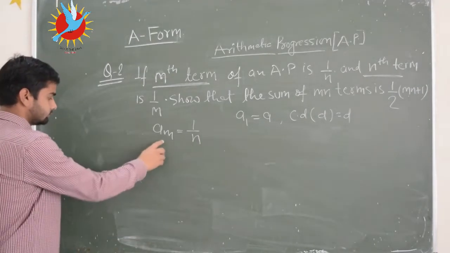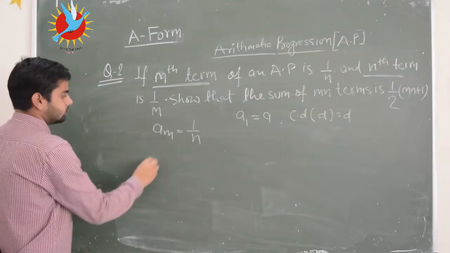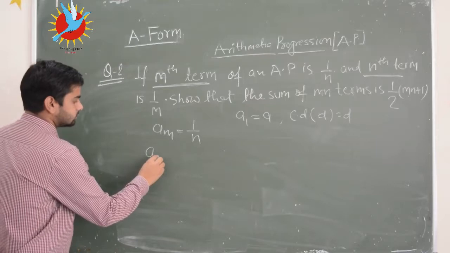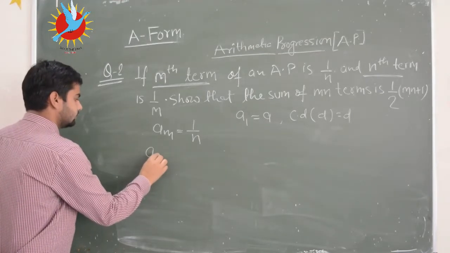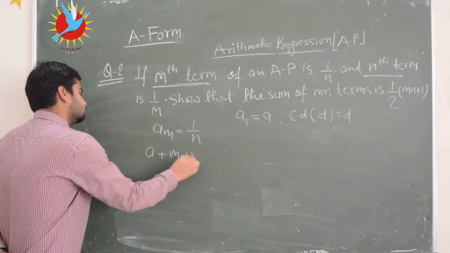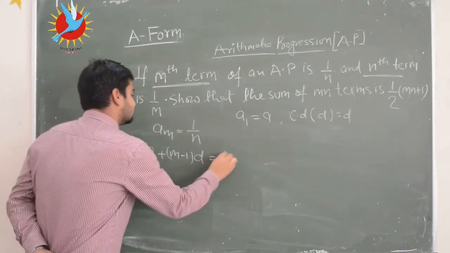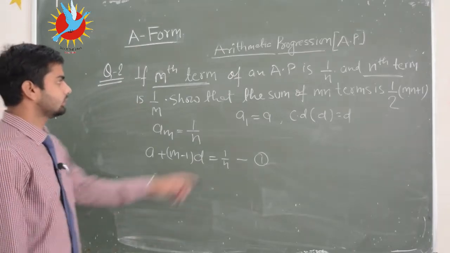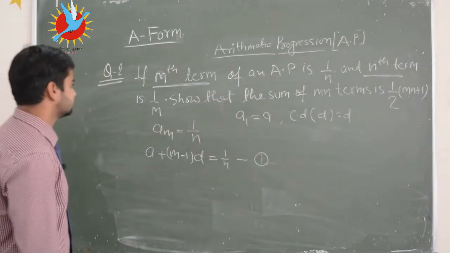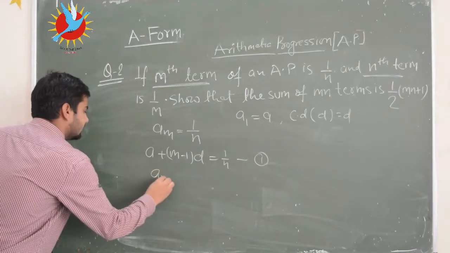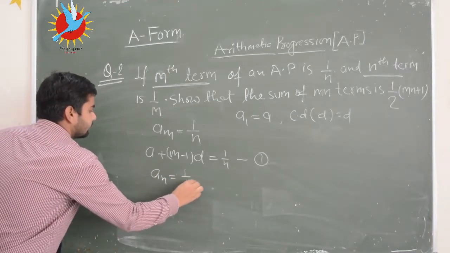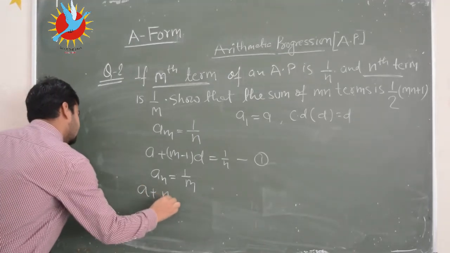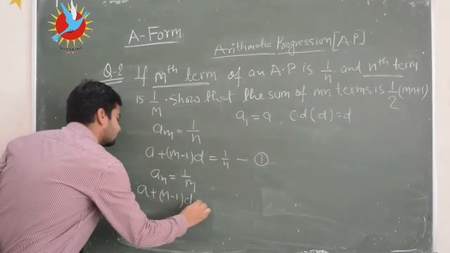So we can use the general formula of an AP for calculating any term: am equals a plus (m minus 1) into d, equal to 1 by n. Suppose this is equation 1. We have one more condition: the nth term of this sequence is 1 by m, that is an equal to 1 by m. We can write the general formula of an, that is a plus (n minus 1) into d equal to 1 by m.